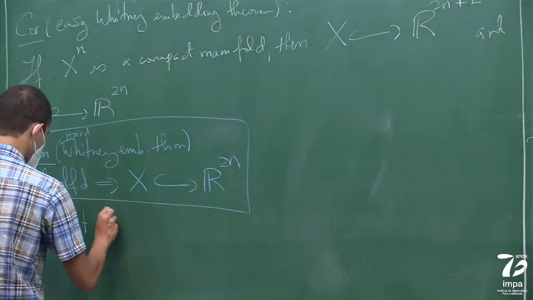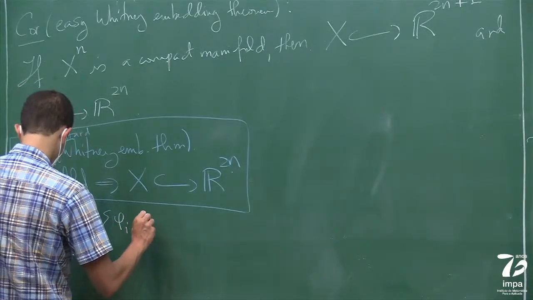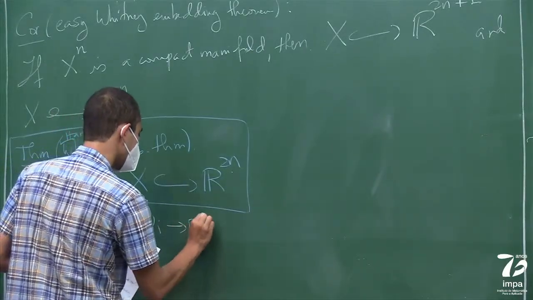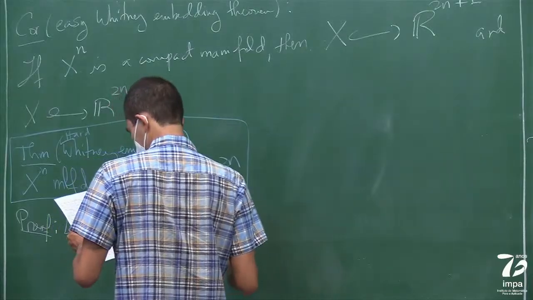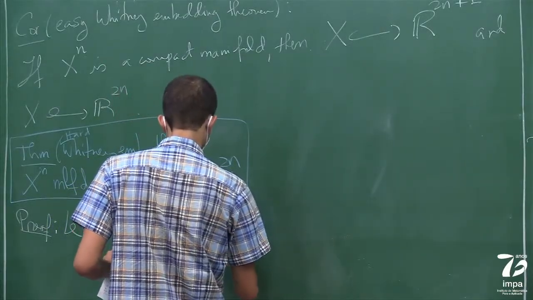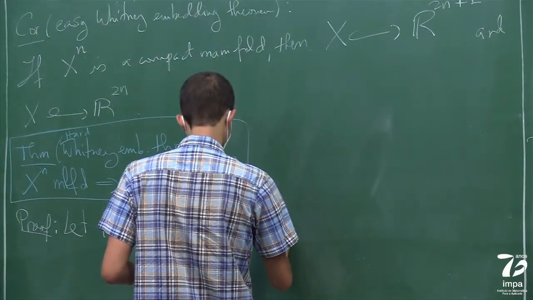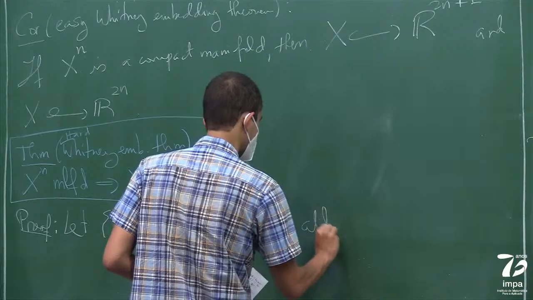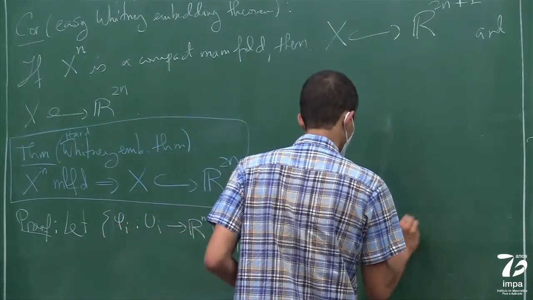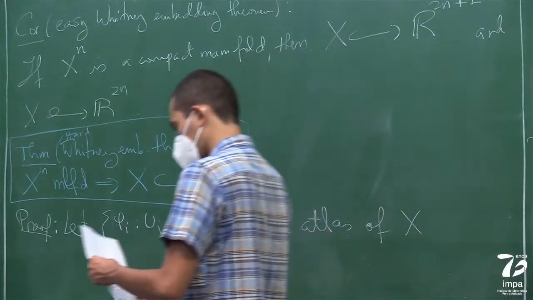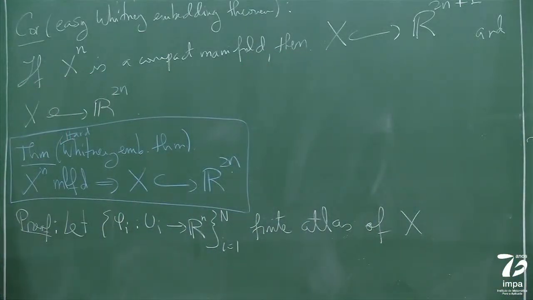So we can cover the space with a finite number of charts, i from 1 to big N, a finite atlas of X. You can take an atlas and a finite subcovering, because X is compact.